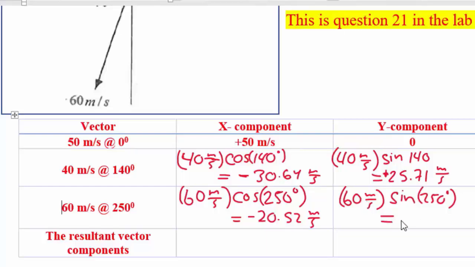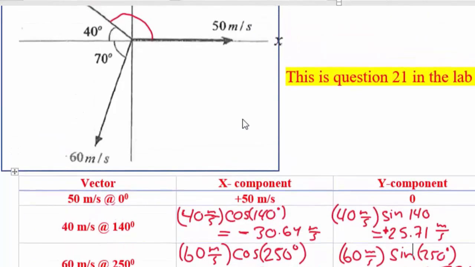When you multiply it by 60, this will yield negative 56.38 meters per second. Notice here that the x component and the y component of the third vector are negative values. We expect that because the third vector is in the third quadrant.